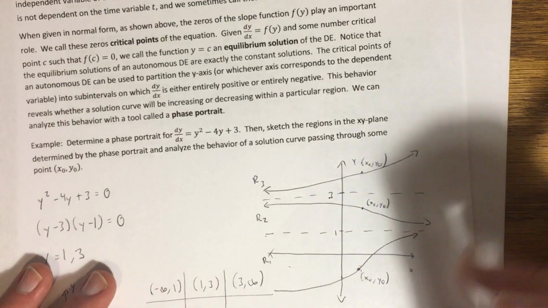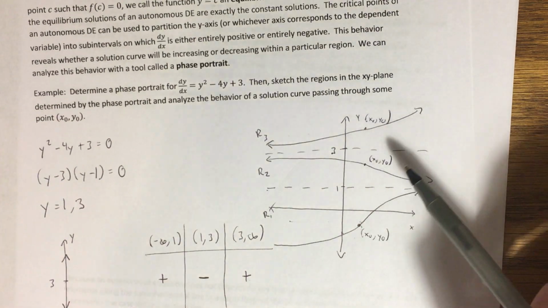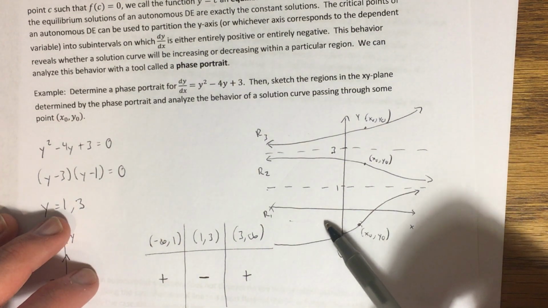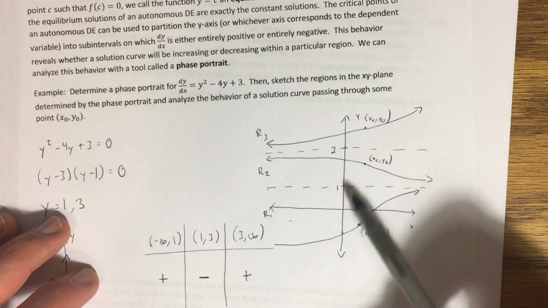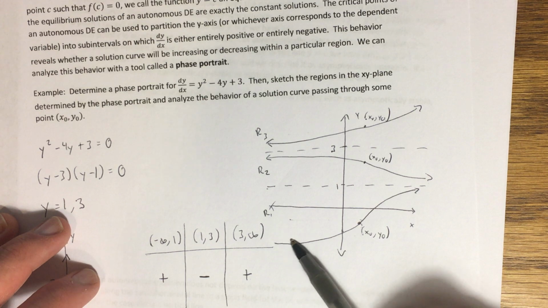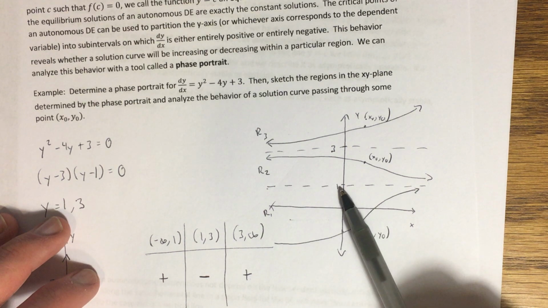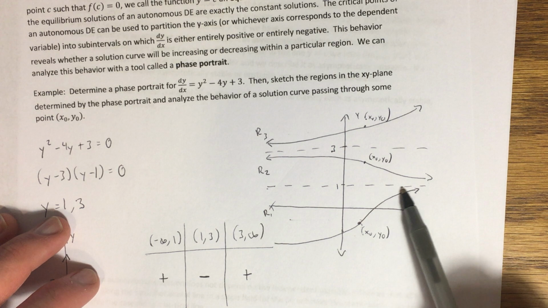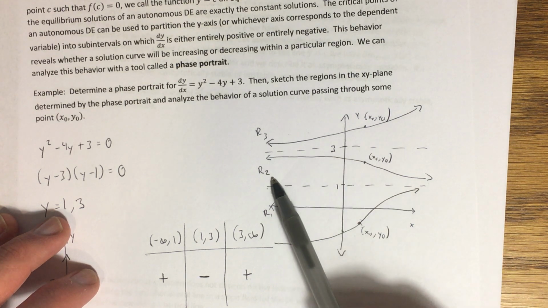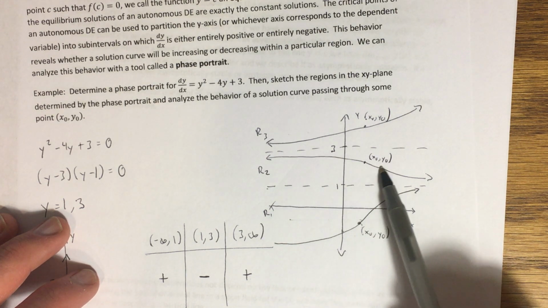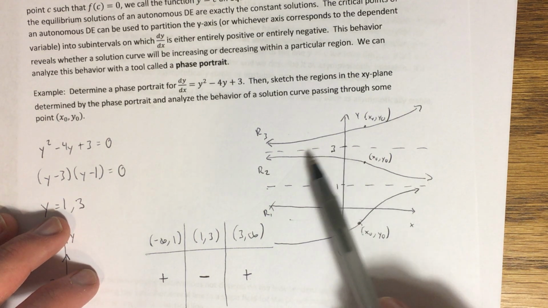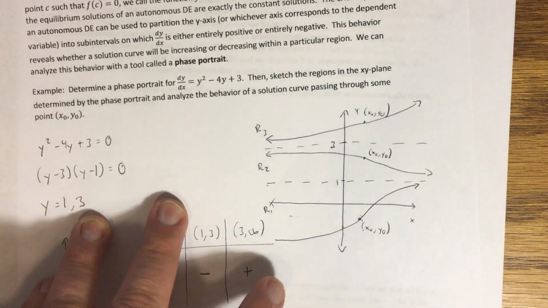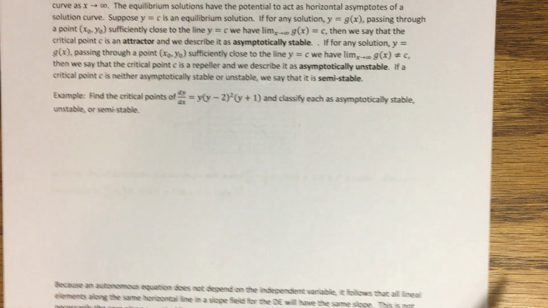A way of imagining that is to suppose I knew my function was increasing on this region as well as this region between 1 and 3. The curve below my equilibrium solution y equals 1 is approaching that horizontal asymptote, but a curve in this region, because it's increasing, would be moving away from it. So some curves might move toward that equilibrium solution, others might move away, and in those cases we can't say that it's stable or unstable. We call that semi-stable.